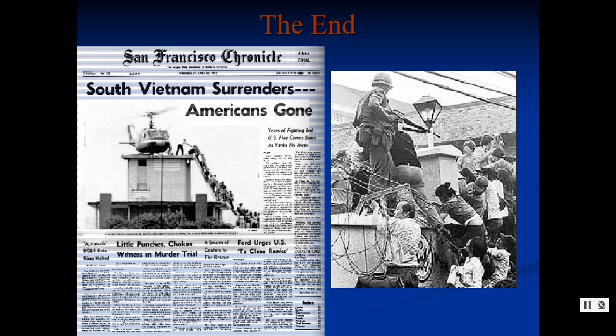They captured the capital of South Vietnam, which is Saigon, on April 30th, 1975, and this forced Vietnam's surrender and it reunited the country. So basically, once the treaty was signed and the U.S. troops pulled out, the country fell to the North Vietnamese anyway.